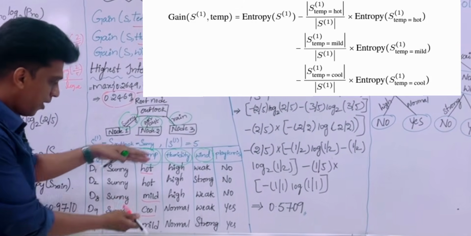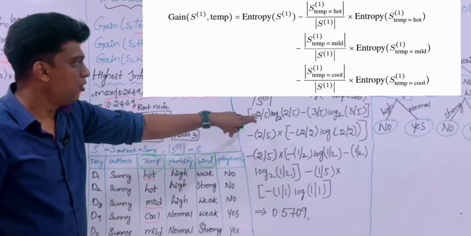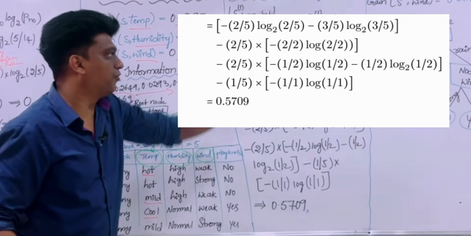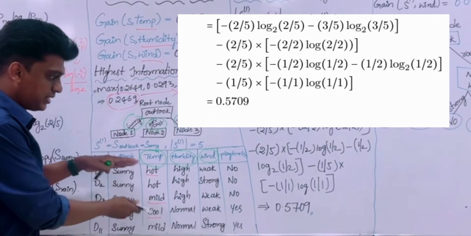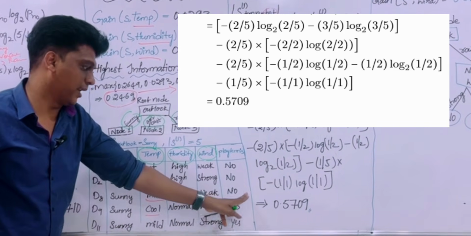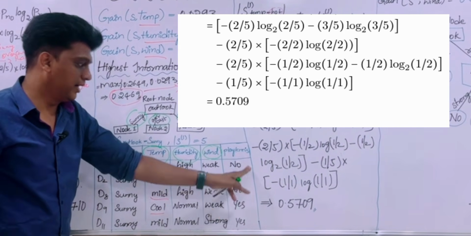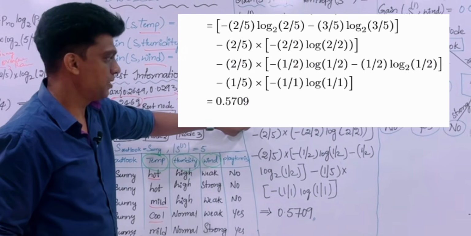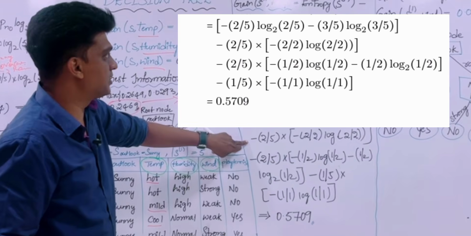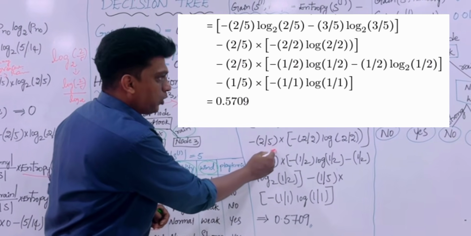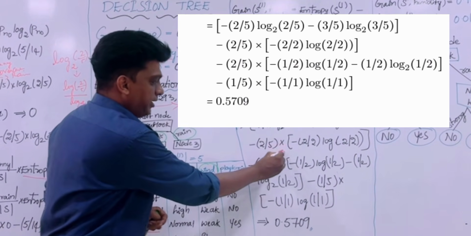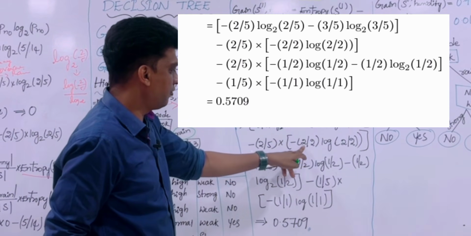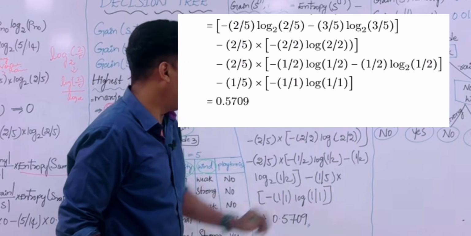Now for this table I need to find the gain. First, what is the entropy? We need to find the entropy for this table alone. How many yes and how many no? 2 yes and 3 no. So I find the entropy first. Then minus temperature hot divided by total value, so 2 by 5 into yes, minus 2 by 2 into log 2 by 2.